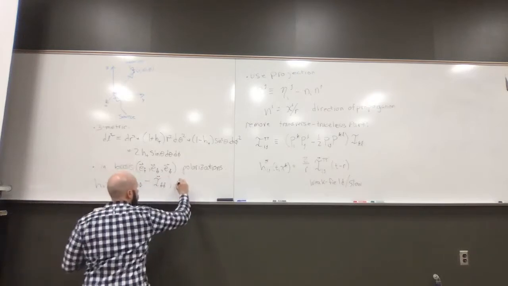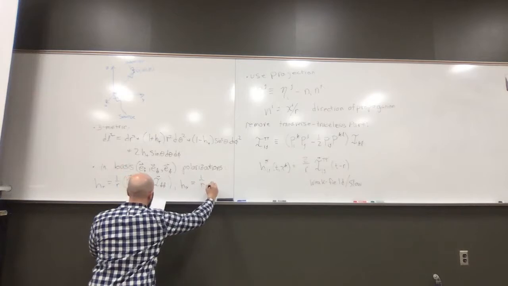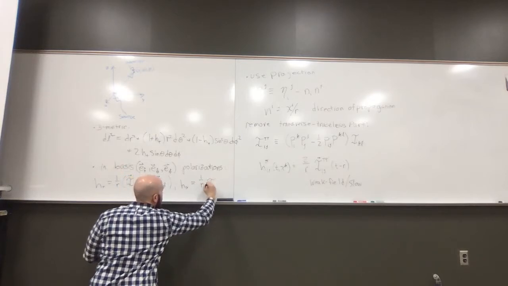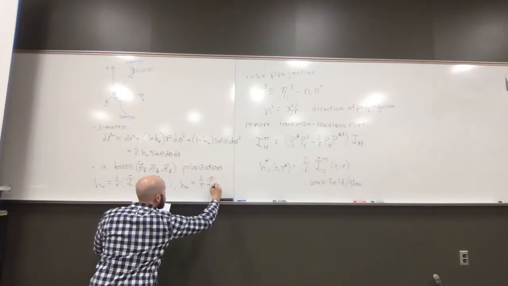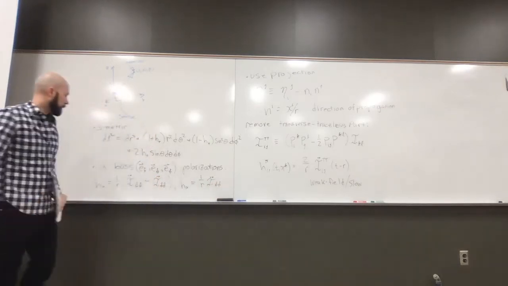And then h cross, even easier in this basis, is 1 over r, curly I double dot, theta phi hat, I mean. That's it.